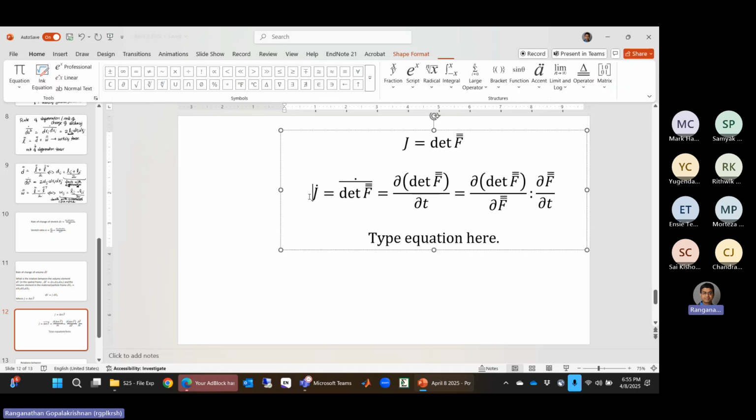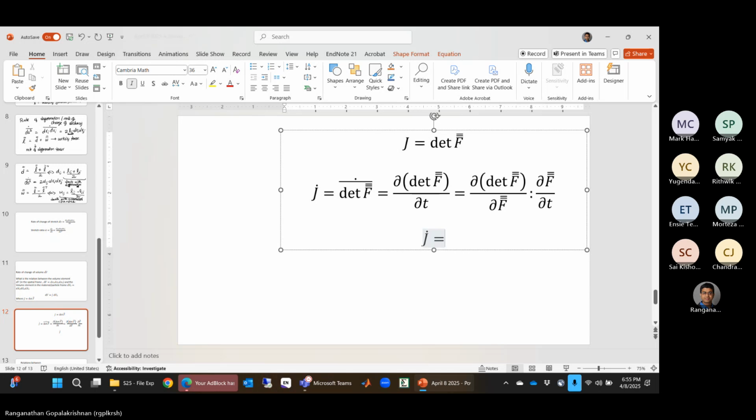So then we'll continue the derivation. J dot is equal to, what is this quantity here? This quantity is nothing but F dot. I mean, that's what dot is, right? It's just a shorthand for time derivative.